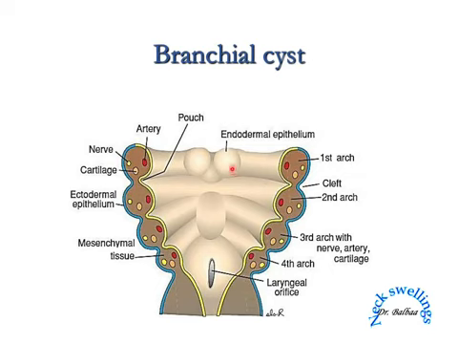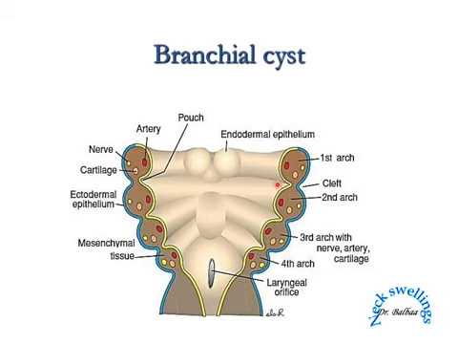And from the inside of these branchial arches, we have the endoderm, and from the outer side we have the ectoderm. Each one of these branchial arches will be responsible for development of part of the head and neck with its nerve supply, with its blood supply, and the cartilage or the bones that will develop from this part.